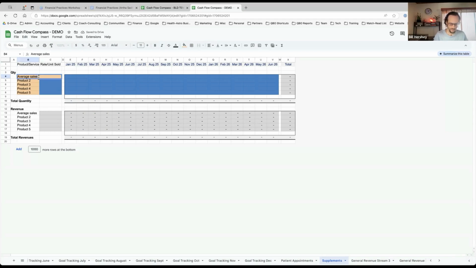So average sale, we're going to say, if you fill up a cart for a patient and they're buying it, let's say their average sale is $85. Maybe they're buying a few different things from you. Okay, and let's say that roughly you have like 2 people buying supplement packages from you per month, and maybe that increases. 2 per week, so maybe 8 per month.